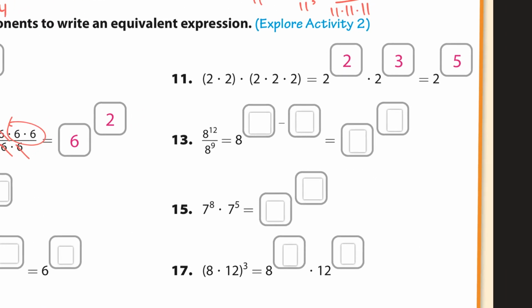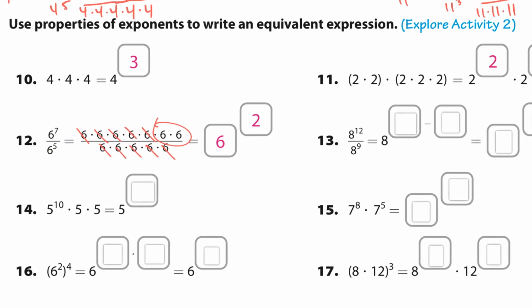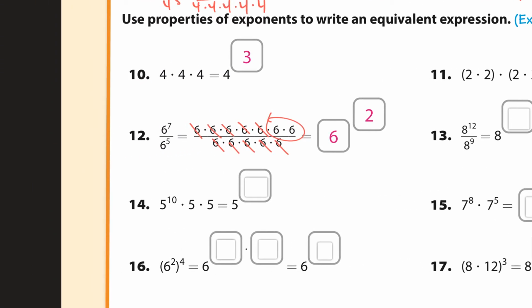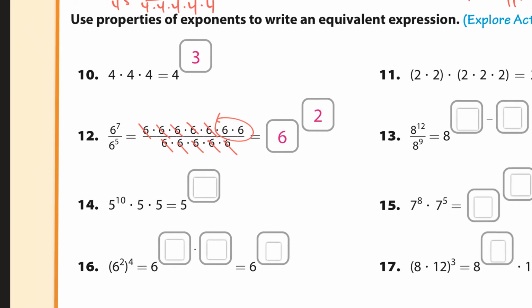And this one. So let's bring it back to this here. You hopefully might see that the shortcut is you just subtract those exponents. 7 minus 5 is 2. That's because you have 7 on top and 5 on bottom, and you have 2 more in the numerator than you do in the denominator. And that's what we bring to this here.